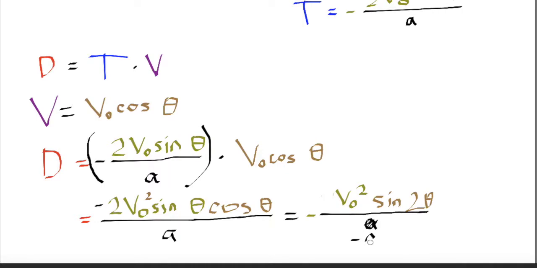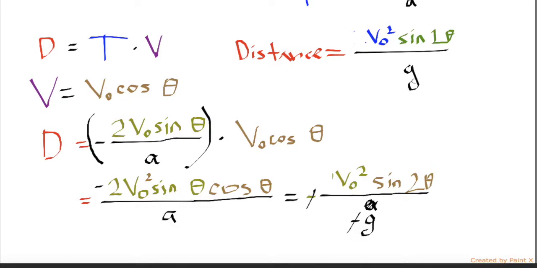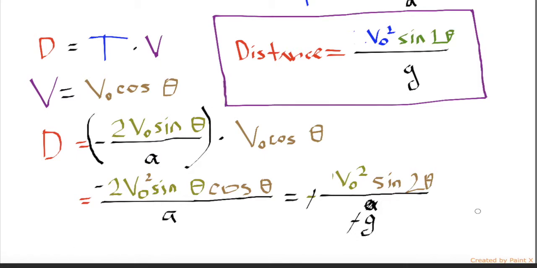But since a is acting in the opposite direction of gravity, this is equal to negative g, and the negatives cancel out, which means that the distance traveled by the ball is equal to v naught squared sine 2 theta divided by g. This is the formula for the distance that will be traveled by the ball when given initial velocity and initial angle.